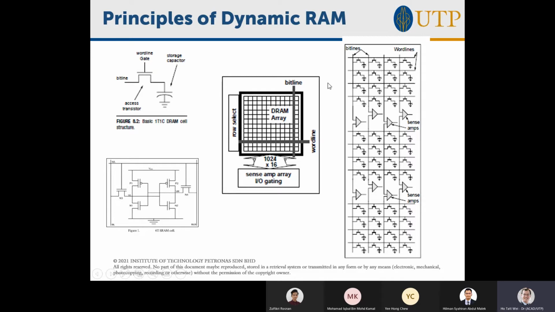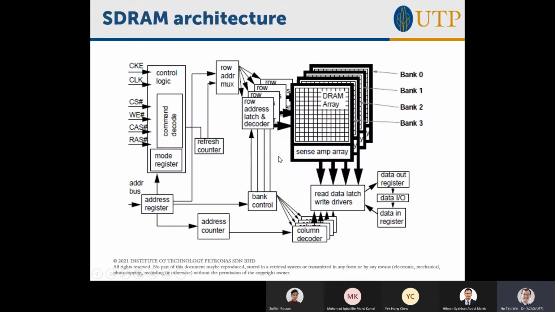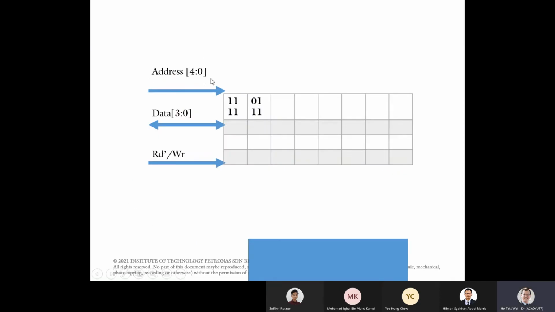Okay. And the way you choose which bit you are addressing is you select a row, which is enabling this, and you select a column, which is choosing between one of these, which means that you are using your address to select the row and the column.